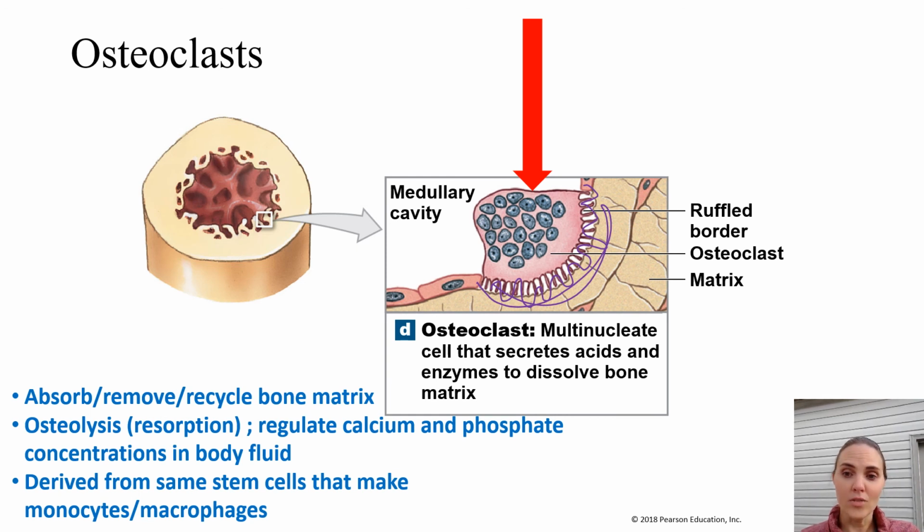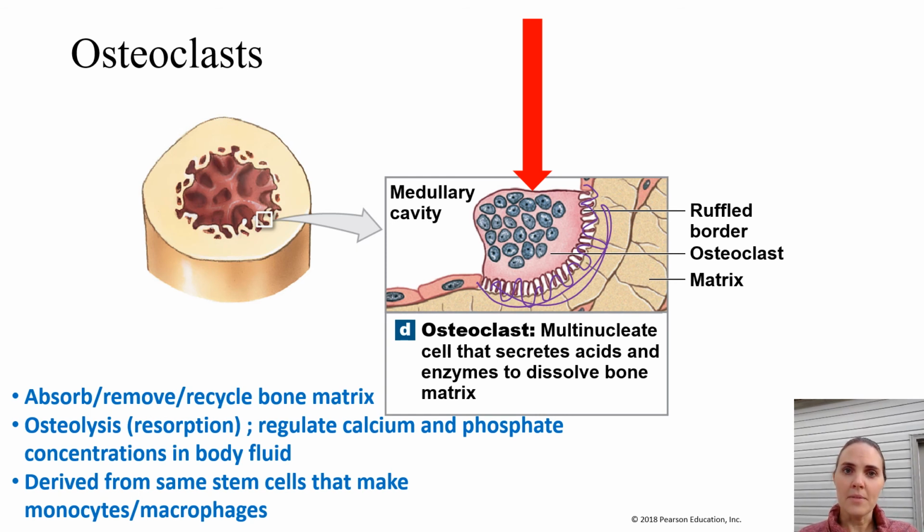And much like microvilli, this ruffled border is going to increase the surface area that's in contact with the bony matrix. The erosion process is called osteolysis or resorption. And the released products are then resorbed at this border. This helps regulate calcium and phosphate ion concentrations in body fluids, so it's very important in homeostasis, and we'll talk more about that later.